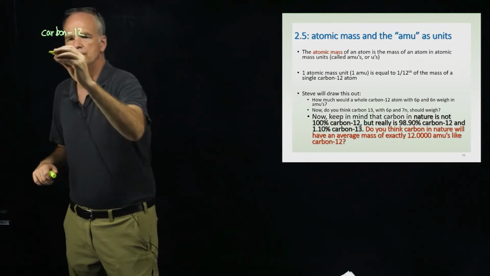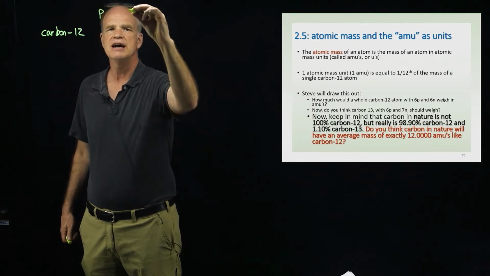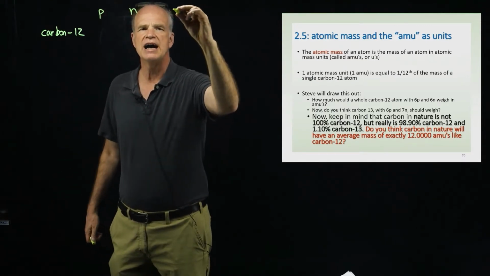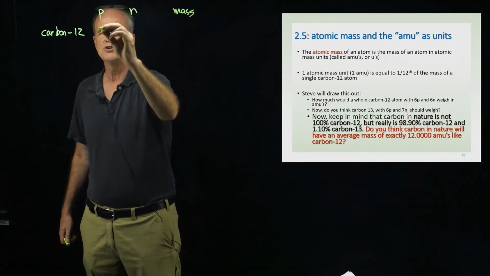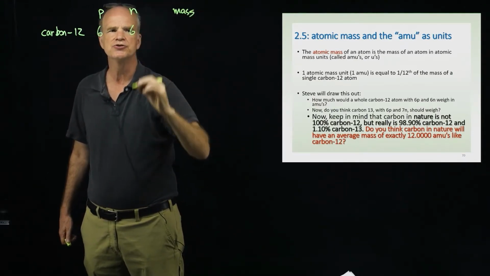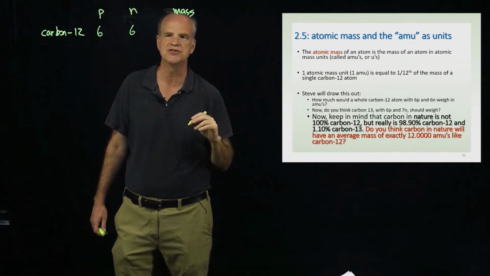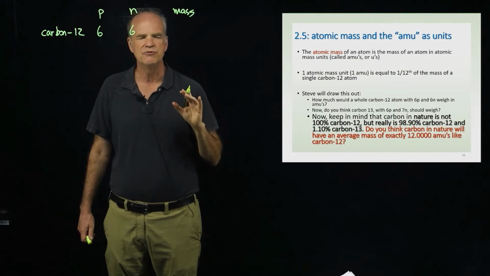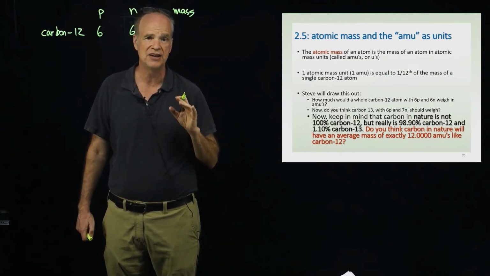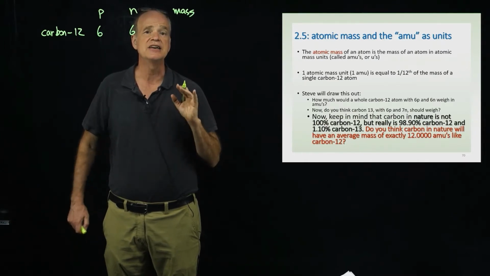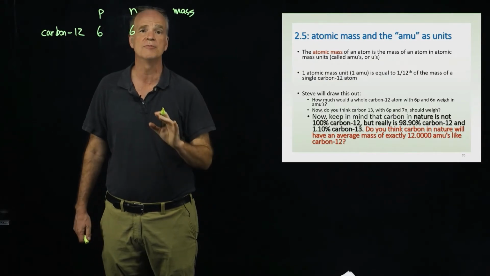Okay, so we have carbon-12, and we have protons, and we have neutrons, and we have mass. As we figured out, carbon-12 has 6 protons, 6 neutrons. And again, we're reflecting mass, not so much in grams or kilograms, but in atomic mass units. Now, if 1/12 of the carbon-12 atom has 1 atomic mass unit, and that's an exact number, can you tell me how many atomic mass units a whole carbon-12 atom has?